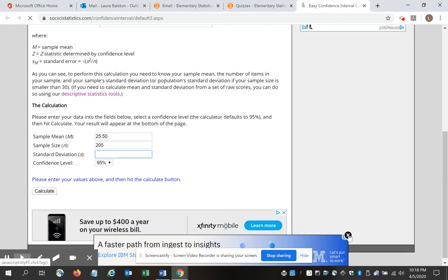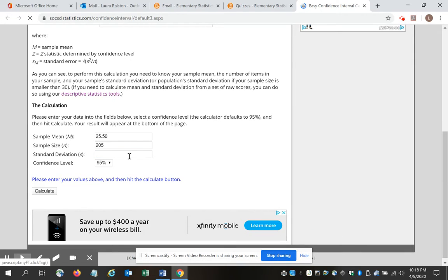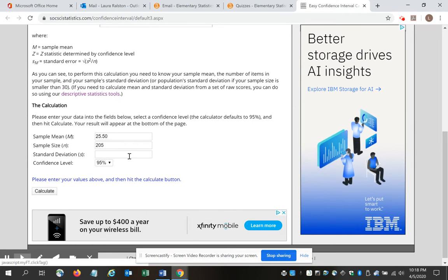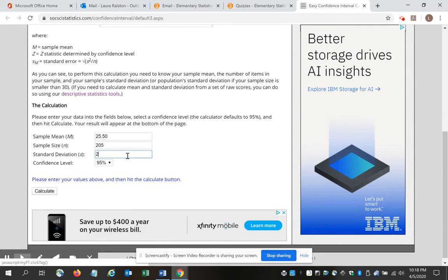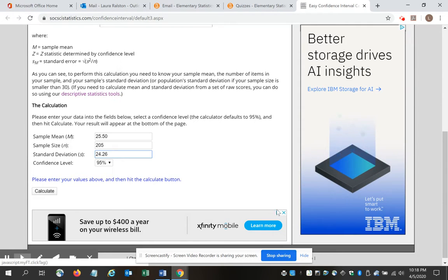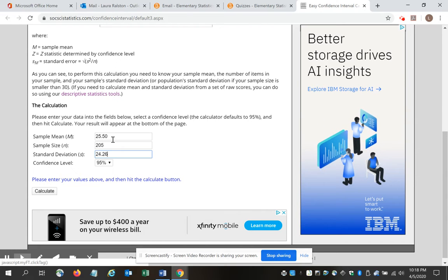If you know the population standard deviation, you're supposed to use it. So the population standard deviation was 24.26. The information that the sample standard deviation was 26.40 is just extra information that you do not need to work this problem. So I enter the correct information.